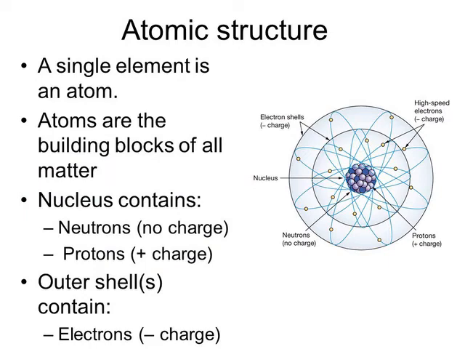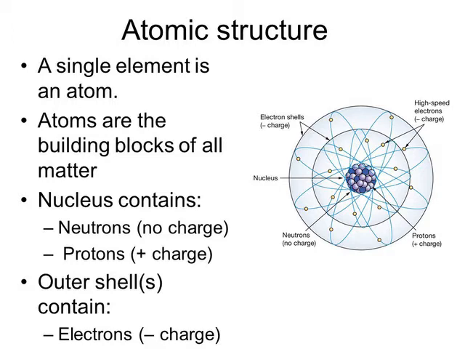Okay, so let's look at an atomic structure. An atom, or basically an element, is made up of three different components. You need protons, neutrons, and electrons. Okay, and these atoms or elements are the basic building blocks of everything here on Earth. And you can see the image on the right hand side there.